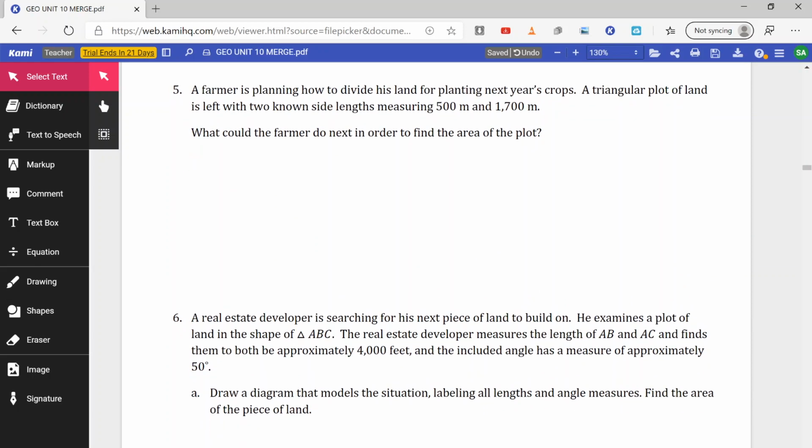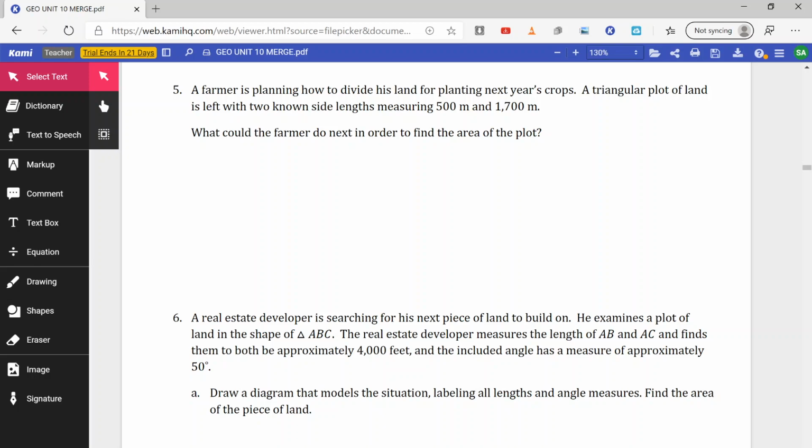So here we have a farmer planning how to divide his land for planting next year's crops. He's got a triangular plot of land with two known sides measuring 500 and 1700 meters. So what could he do to find out the area of the plot? Well, first things first, it's a very lengthy process, so I'm not going to do it, but you would find the height, and then you would use 1/2 base times height.